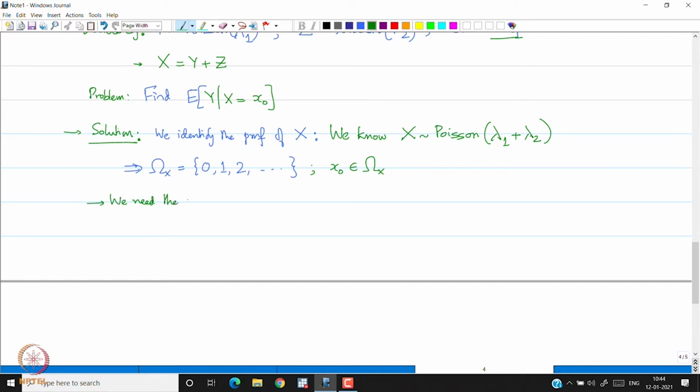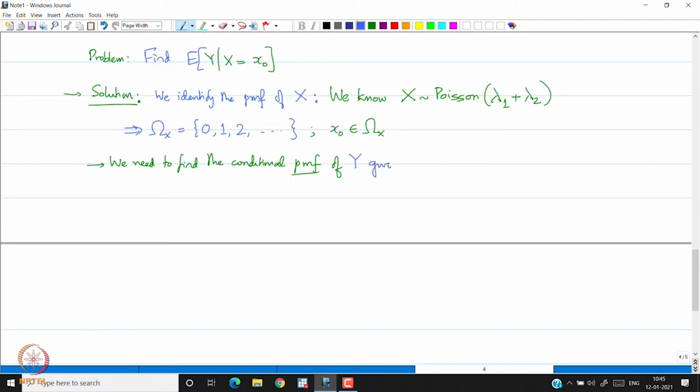Let me make it even more clear: we need to find the conditional PMF of Y given X equal to x naught, i.e., P of capital Y equal to y given X equal to x naught.